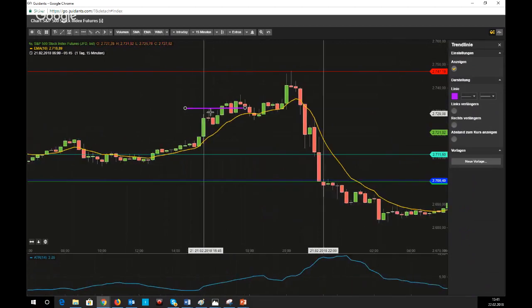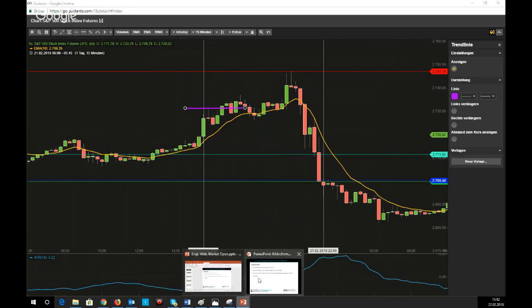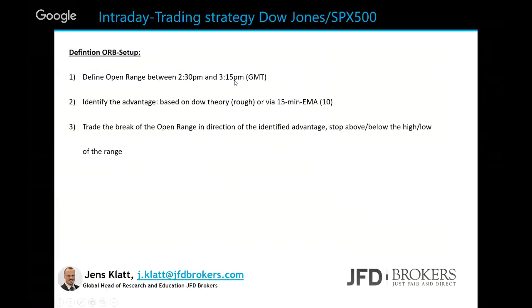Well, obviously, this is the high, the candle at 3:45 German time, so 2:45 GMT. Here's the high. Obviously, this is the candle at 4 p.m. German time, so 3 p.m. GMT. With the close of this, since this is a 50-minute time frame, this is obviously the high of the open range. We have to look for the open range between 2:30 and 3:15.